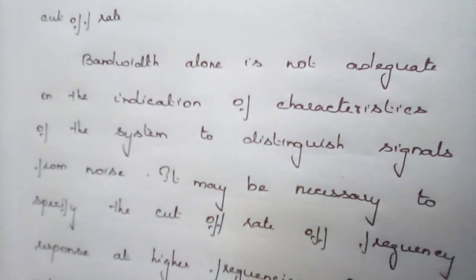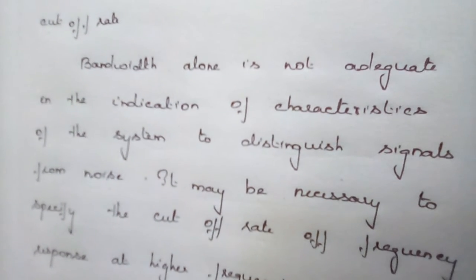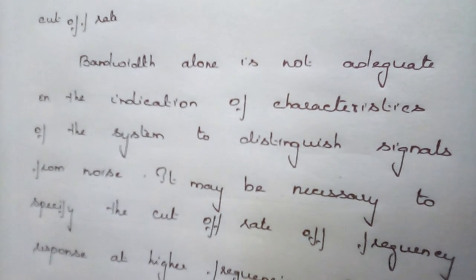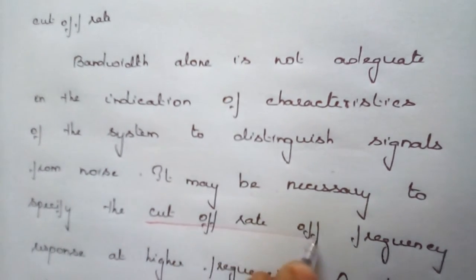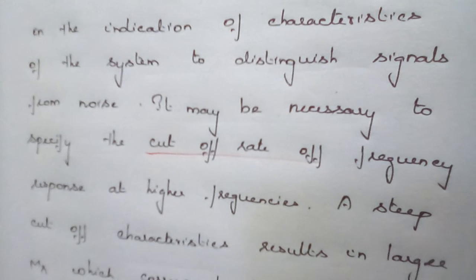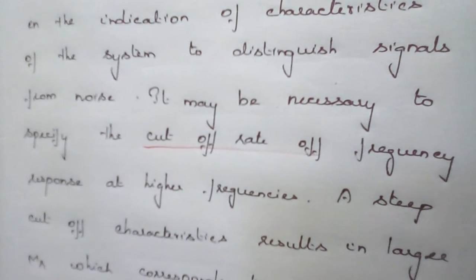So in order to have an adequate indication, it is necessary to consider the cutoff rate of the frequency response at higher frequency. This term represents the necessary specification for any frequency response of the system to have a response at higher frequencies.